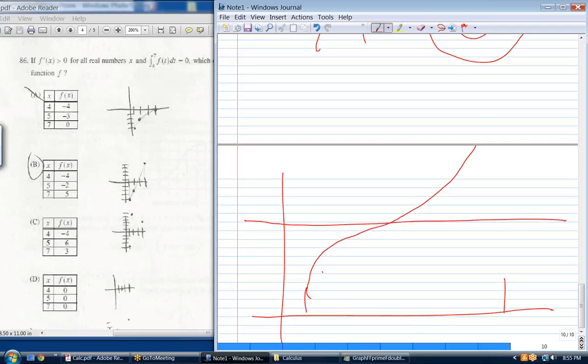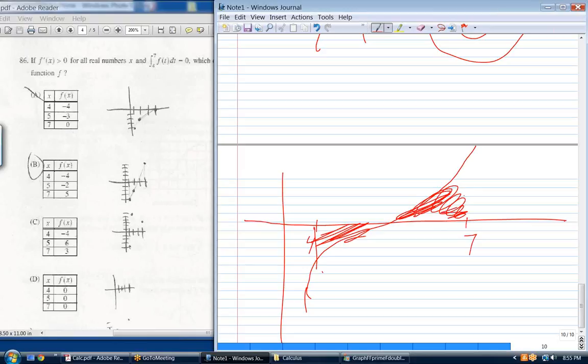That must be my x-axis. If the area from 4 to 7 is 0, some of it must be negative, some of it must be positive. So it has to have some negative values in it.